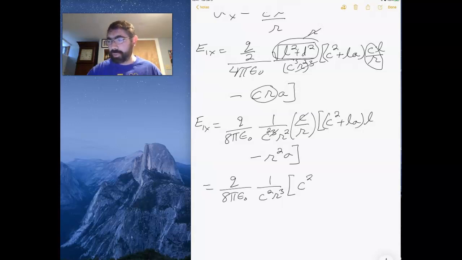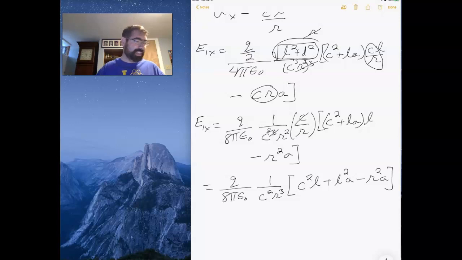So I get c squared L plus L squared A minus R squared times A. Okay, so now what I want to do is try and clean up what's inside the square brackets. So I can do that by essentially writing out an L squared A.